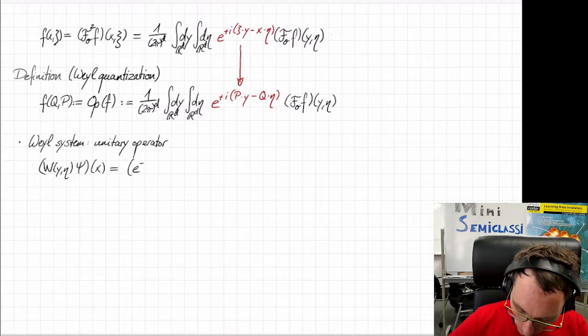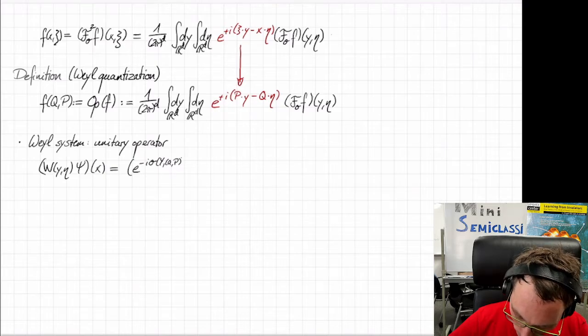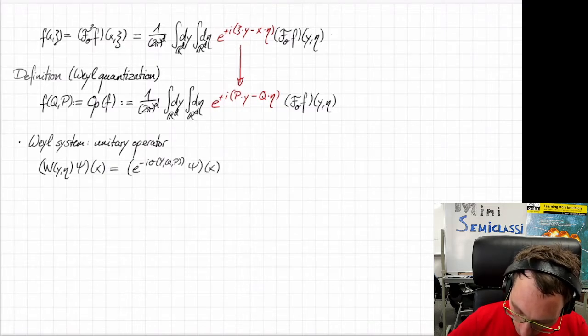So if you want, you can also write e to the minus i sigma (y, Y), qp applied to psi evaluated at x, but this is just the operator in red.